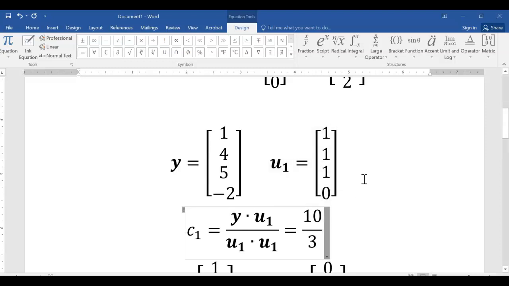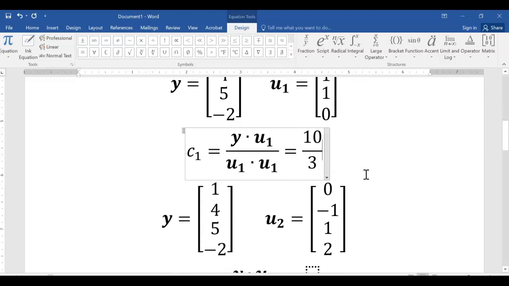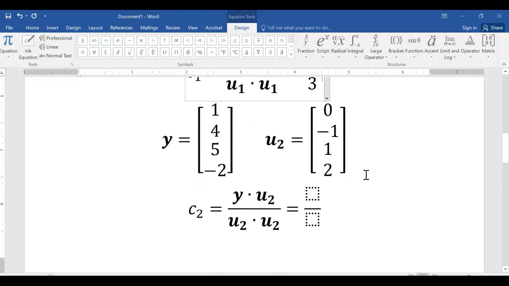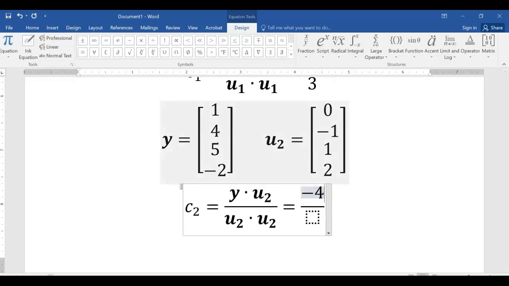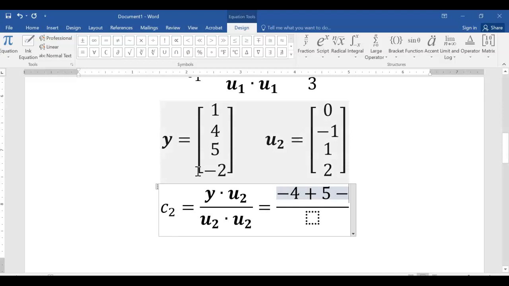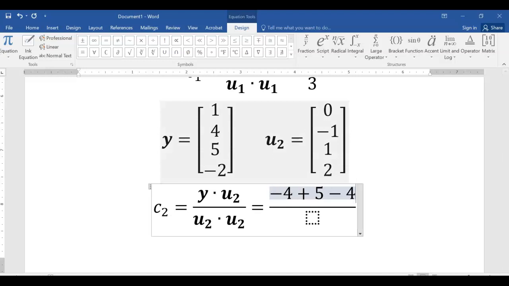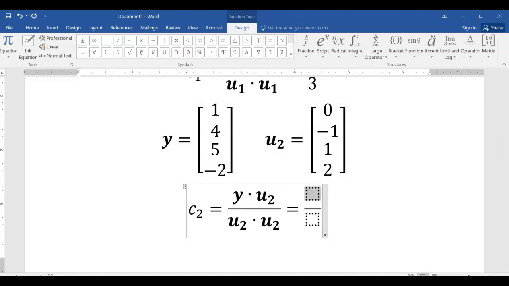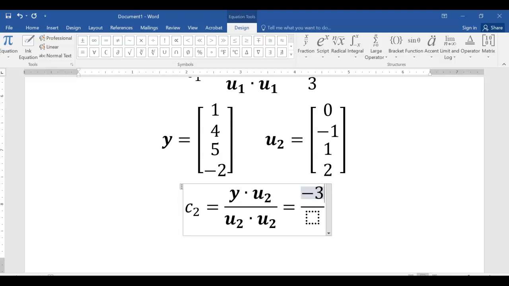That doesn't actually simplify. When I do y inner product with u2, I'm going to get 1 times 0 is 0, negative 4, 5, negative 4. So that is going to be a negative 3 if I've done my calculations right.